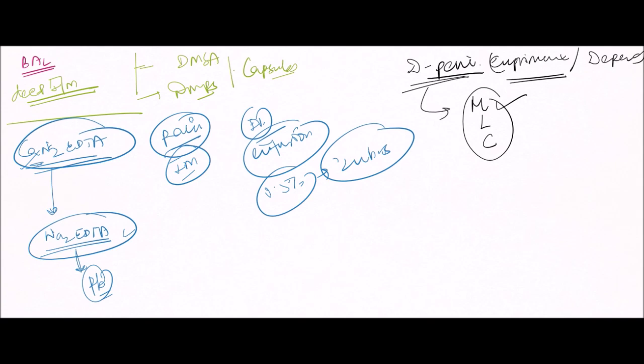So in case of mercury, lead, and copper poisoning, we go for D-penicillamine. Sometimes in Indian childhood cirrhosis, the agent of choice is also D-penicillamine, and the dose is 30 milligram per kg body weight.